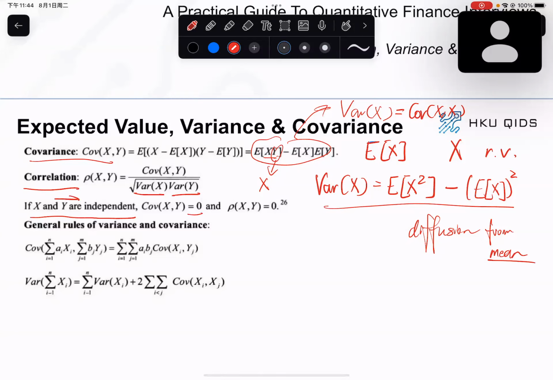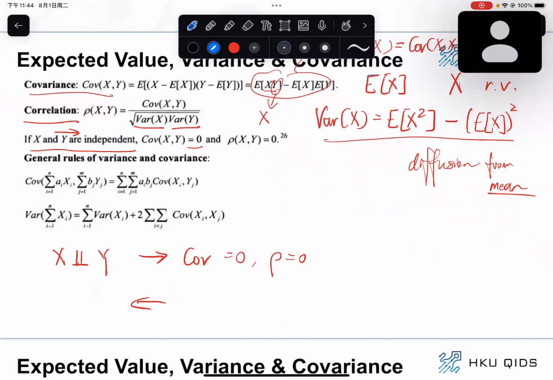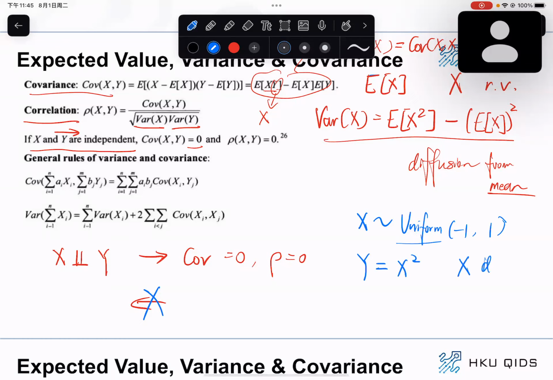But this is one direction, okay? So if X is independent of Y, then we can have covariance equal to 0 and correlation equal to 0. But the other direction is wrong, okay? So I'm going to give you an example here. For example, if X follows a uniform distribution from -1 to 1, which we introduced during our last lecture, and then we define Y as X squared, then of course X is dependent on Y, right?